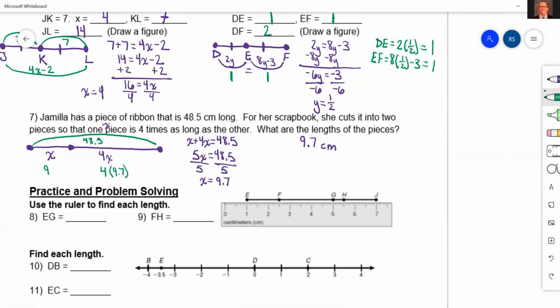So I know that's 9.7. 4 times 9.7 is 38.8. So there's our other. 38.8 centimeters. And those are our 2 pieces.